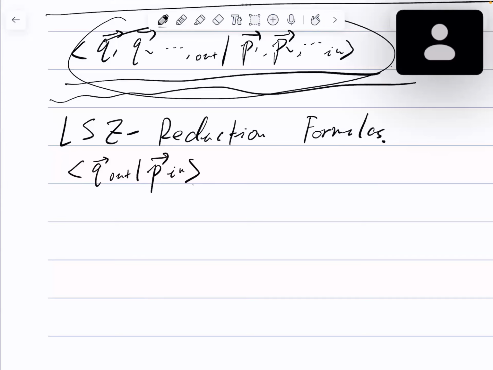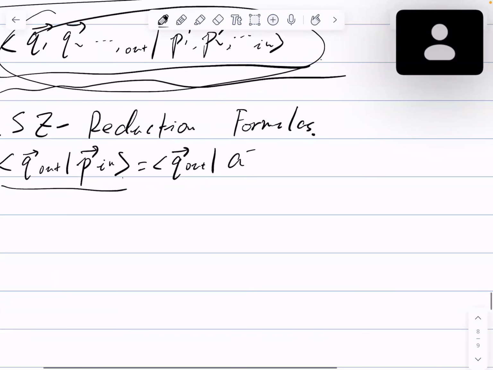How can we compute it? We just try to expand it using the annihilation and creation operators for in and out states. Q out a dagger P in 0 in.